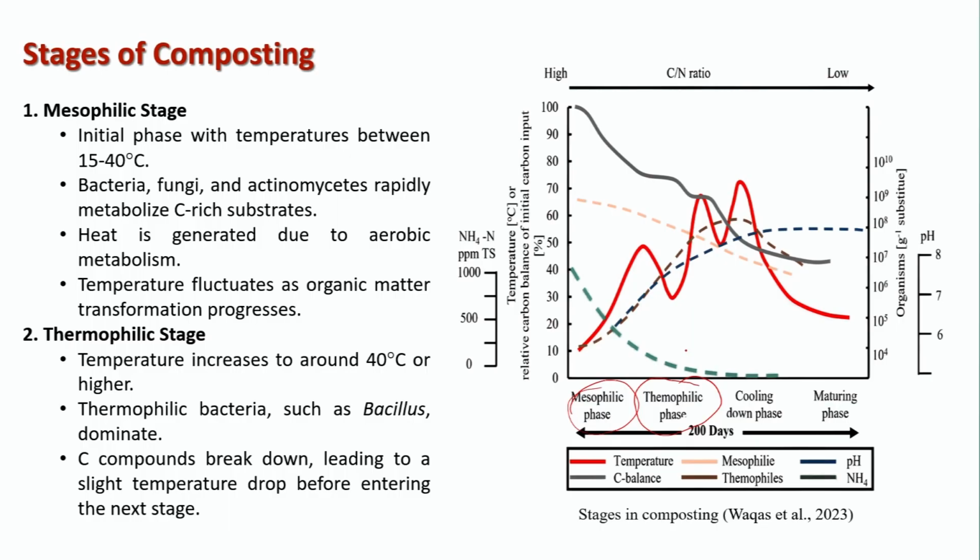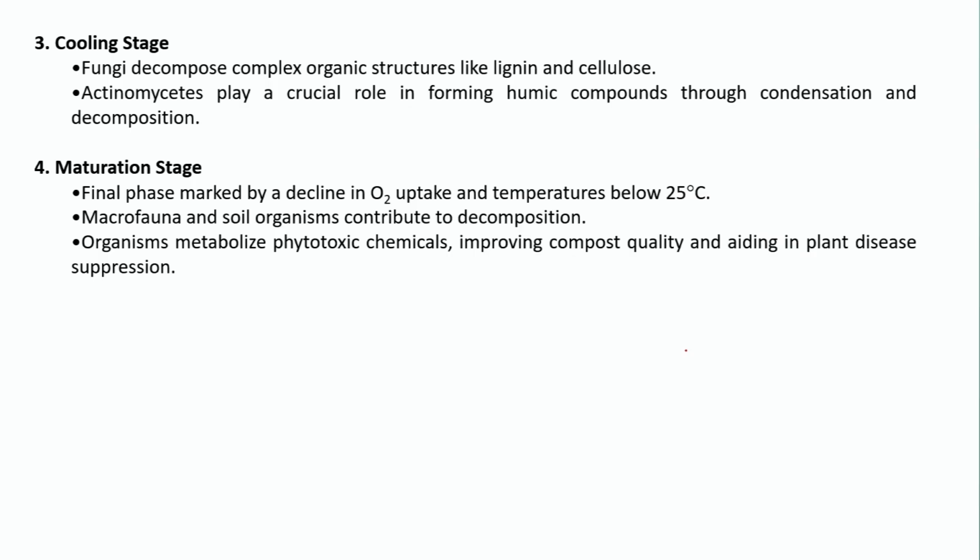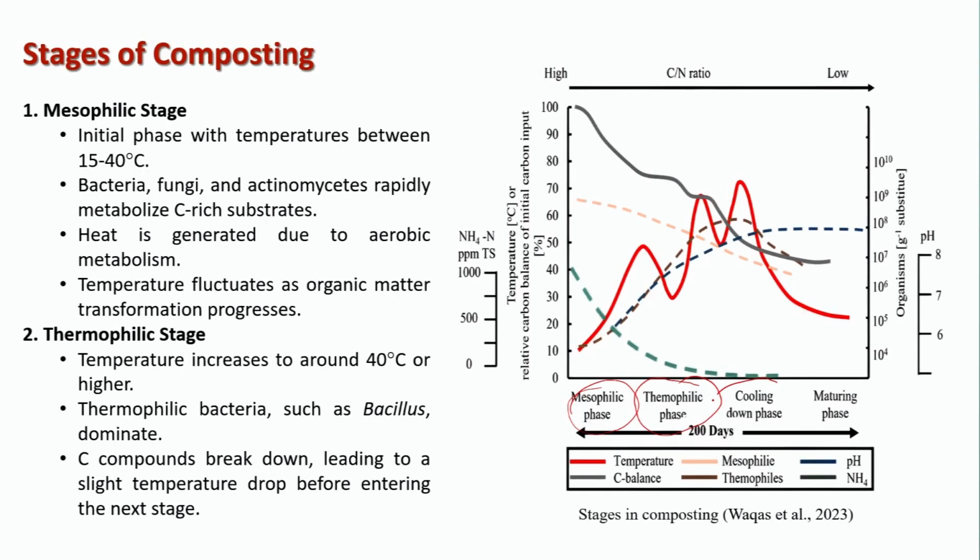In the first stage heat is generated, and in this stage too, there is a slight temperature drop as you go to the next stage. That temperature drop helps to move into the cooling phase, where, as I was mentioning, fungi decompose mostly.